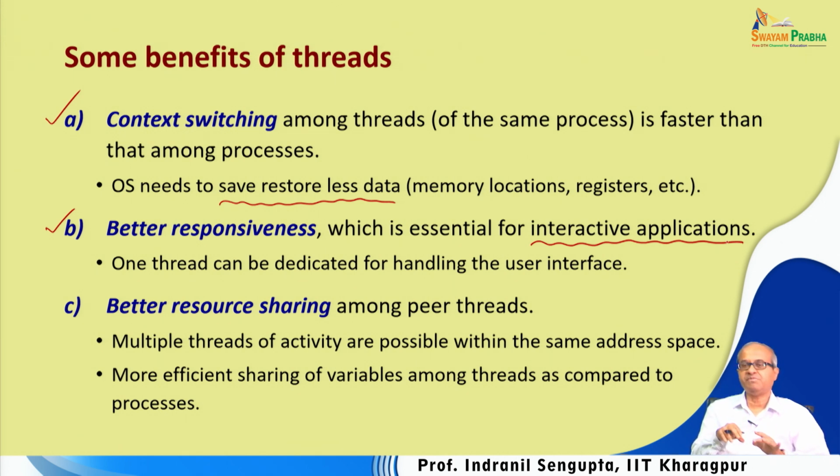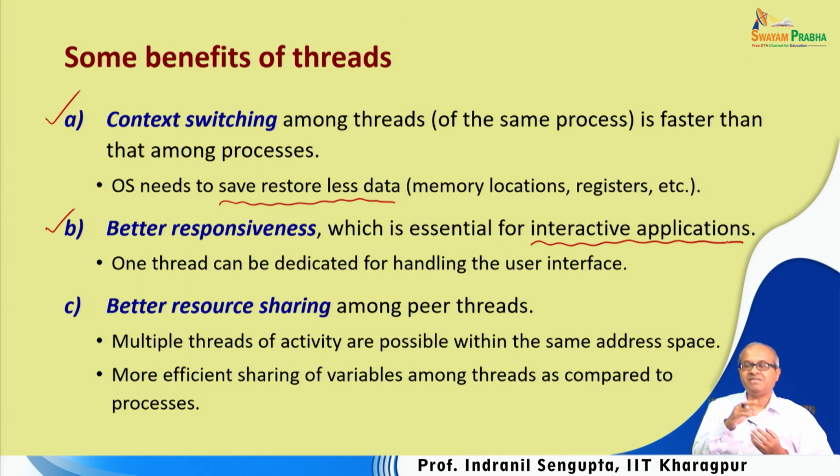You type something, you will not like if the thing comes on your screen after 5 seconds. You want immediate response. So, if you have a thread which is dedicated for your user input, then the thread will continuously read data from the keyboard. You will not have to wait because something else was going on in the system, some spelling check or something else.